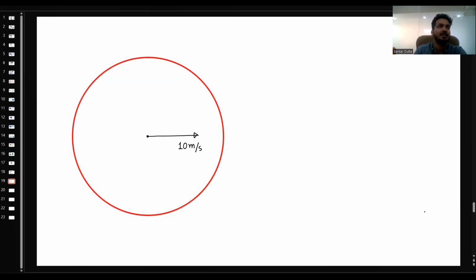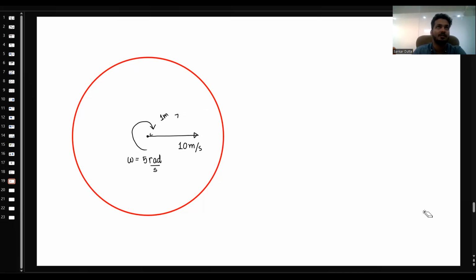There's a wheel going ahead with 10 meter per second, and it is rotating with an omega equal to 5 radian per second. Now, the overall radius is 2 meters. But what I want you to do is figure out the velocity of a particle which is at a distance of 1 meter from the center.